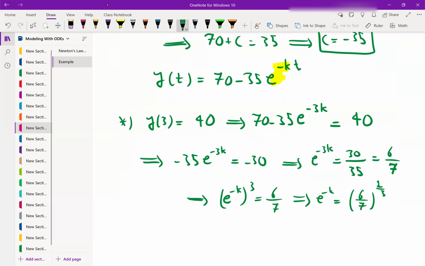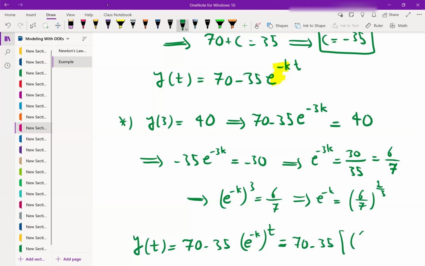And now I can have my y as a function of t. y as a function of t is 70 minus 35 e to the negative k to the power of t. And I know what e to the negative k is here. This is 70 minus 35, e to the negative k is 6/7 to the power of 1/3, and then to the power of t.